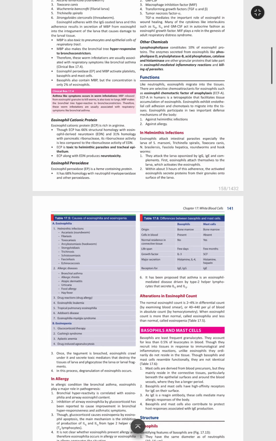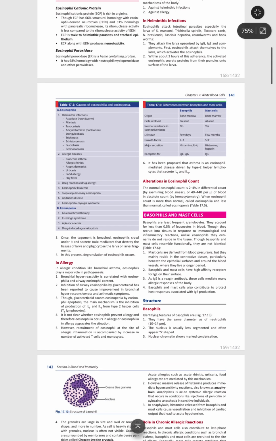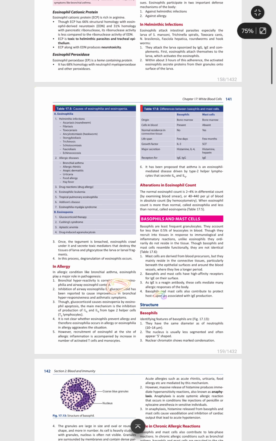Anaphylaxis. Bronchial hyperactivity is related to eosinophil. Glucocorticoids are given.